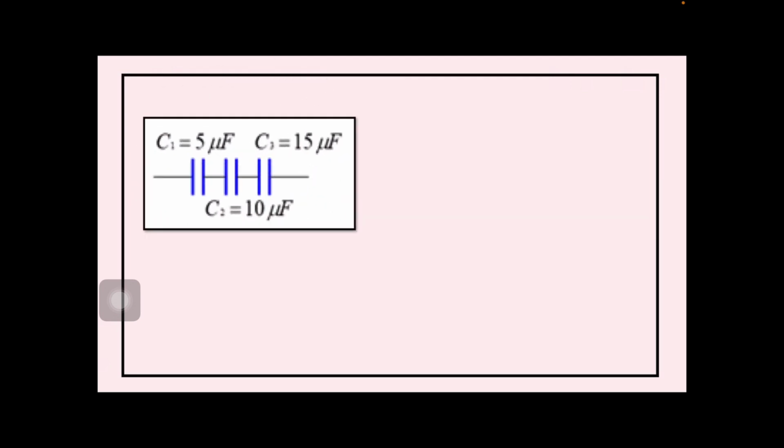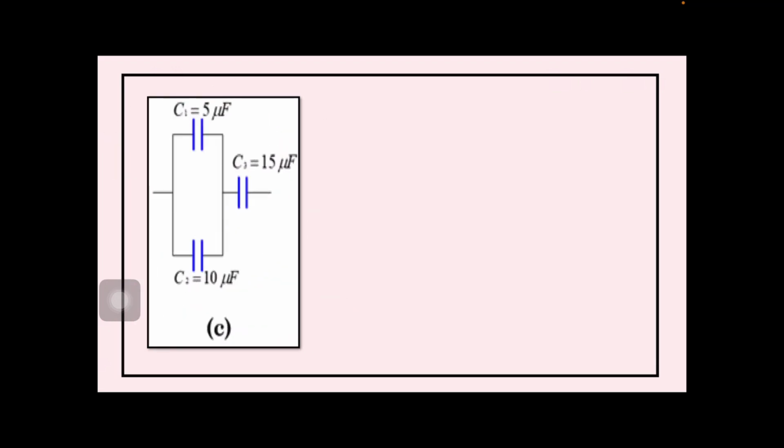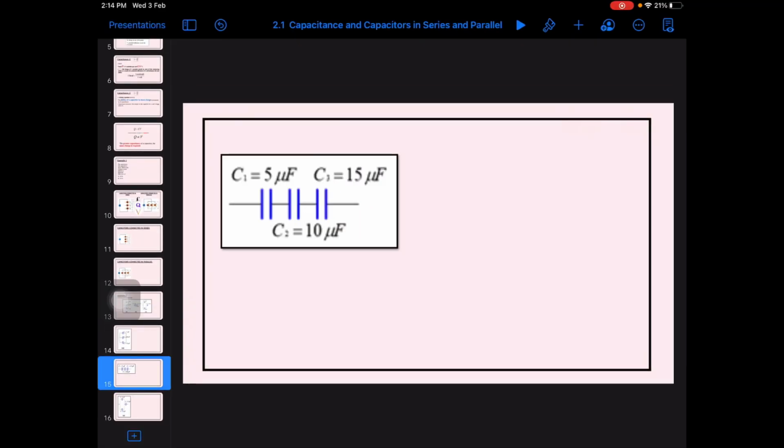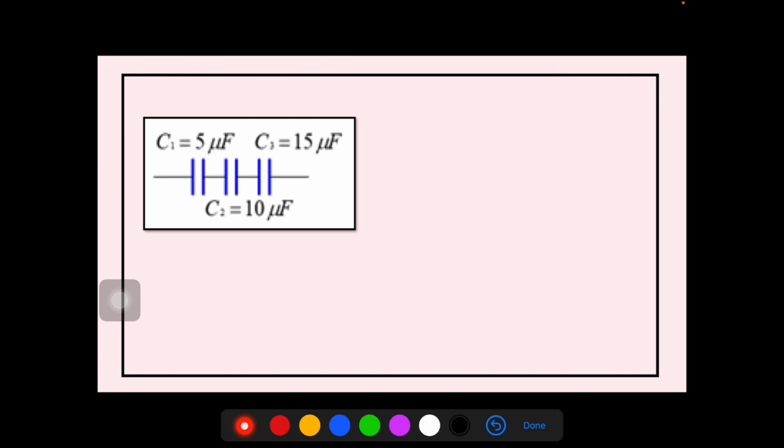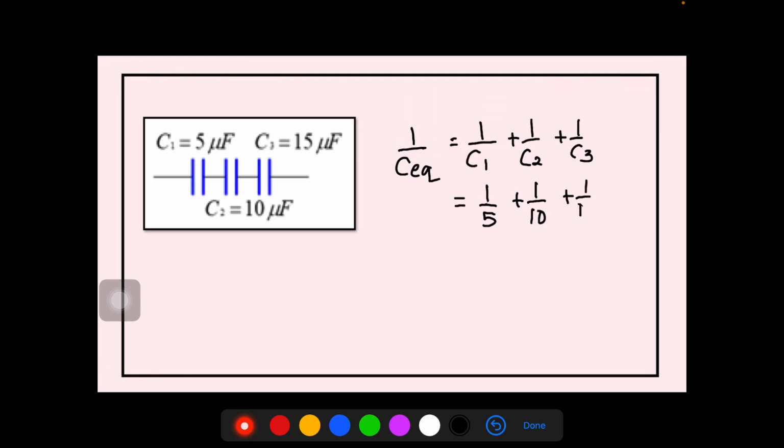So how about B? B is connected in series. For series, 1 over C equivalent is equal to 1 over C1 plus 1 over C2 plus 1 over C3. So the value is 1 over 5 plus 1 over 10 plus 1 over 15.